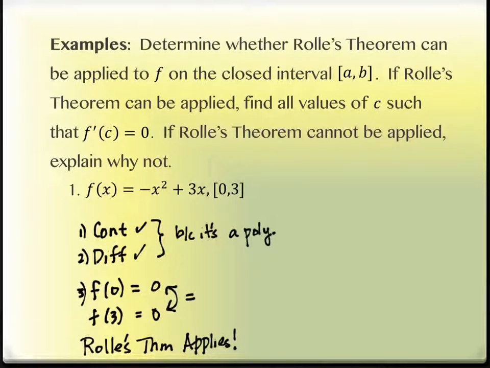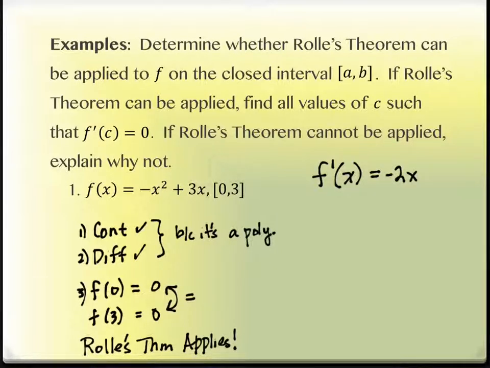Okay, so what do we do? According to Rolle's theorem, I should be able to take the derivative, set it equal to 0, and there will be some x value that shows up that's going to be between 0 and 3. So we're going to find it. What is the derivative of negative x squared plus 3x?